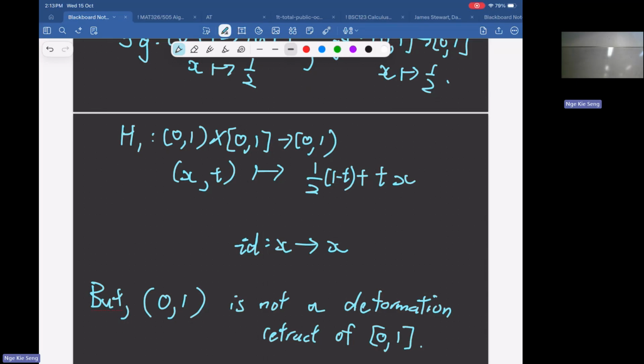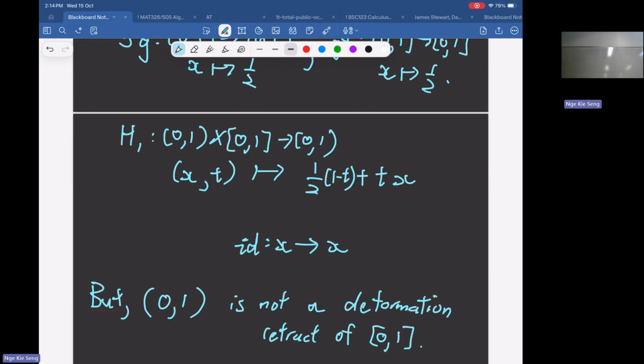You can try to prove it in general, but one way to think about it: if you want to make this retraction, you should send 0 and 1 to some place inside here. This will disrupt the continuity. Think about the loop that touches 0 and touches 1. When the point is close to 0, it is still close to 0, but when you reach 0, suddenly the point jumps.